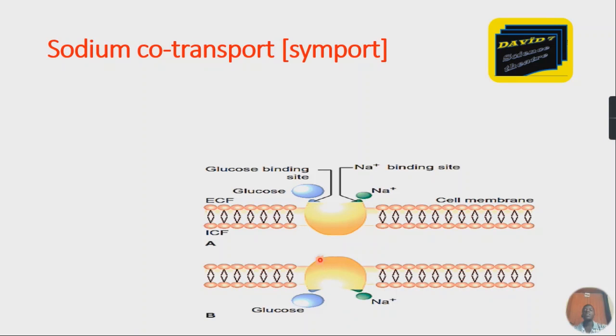Okay. So what happens? If you can just see here, the sodium first binds and it is pumped inside with hydrolysis of ATP. But that pumping inside will be followed by passive uptake of glucose by the same carrier, which we call a simple carrier.